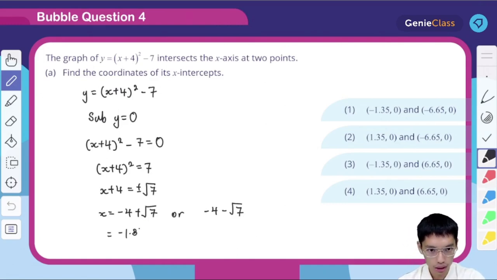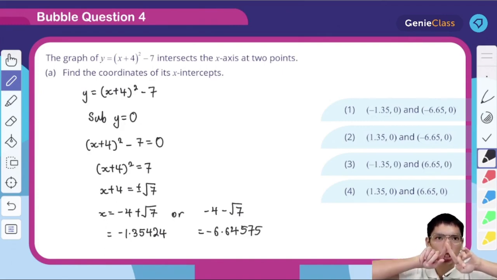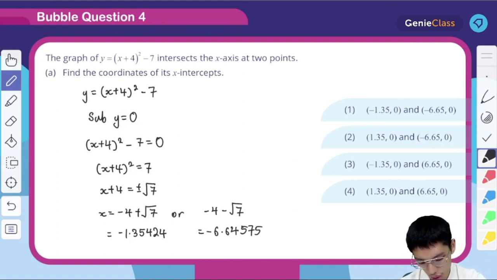Negative 1.3542, sorry for that. Negative 1.35424, or in this case, the other coordinate, which will be negative 6.64575. But take note, always remember if the digit is very, very long, we take 3SF, not 2 decimal places, for any general value.